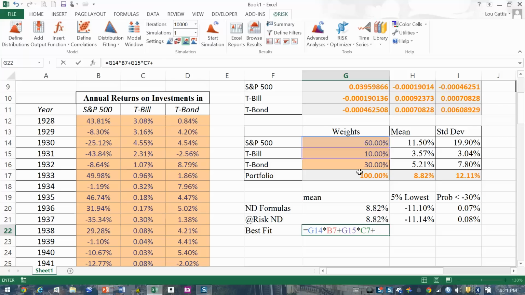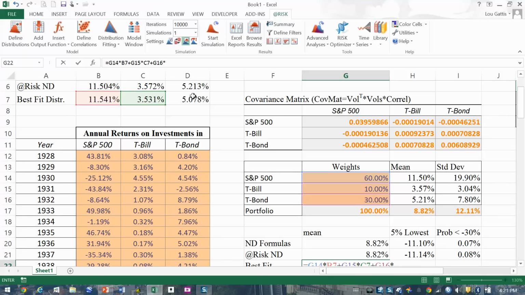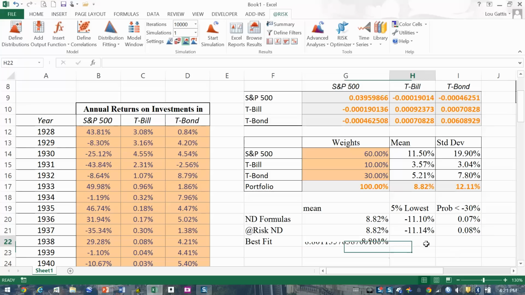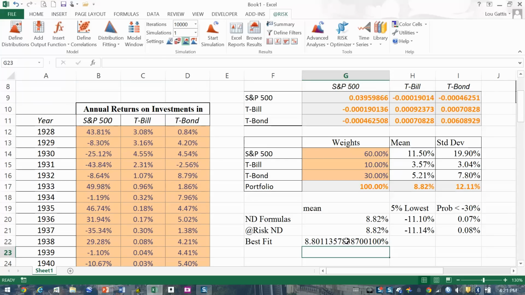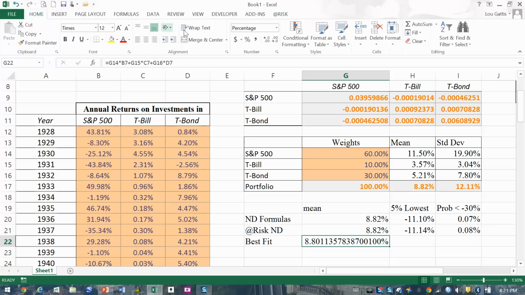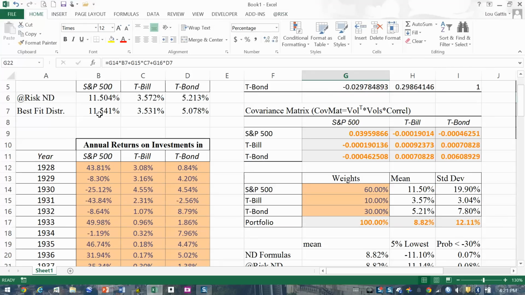Plus 30% of the best fit bond, even though it wasn't the best fit, it was the second best fit. So it's 60 of 11, 10 of 3, 30 of the 5078. So I have an 8.8% mean. A little bit different because the means were a little bit different looking at this variable.